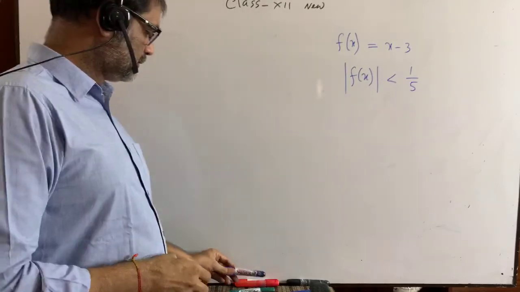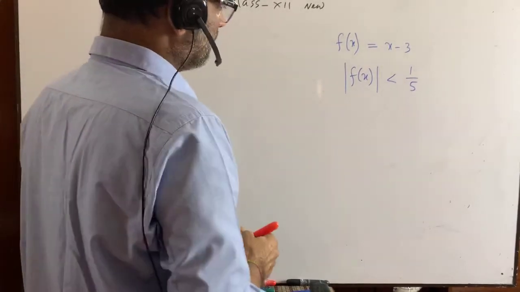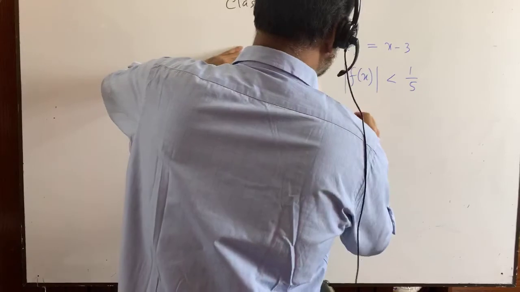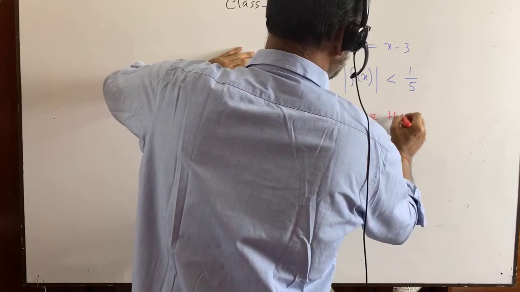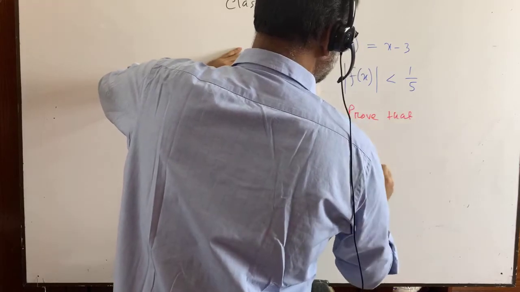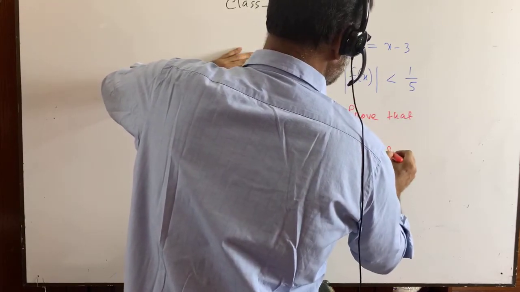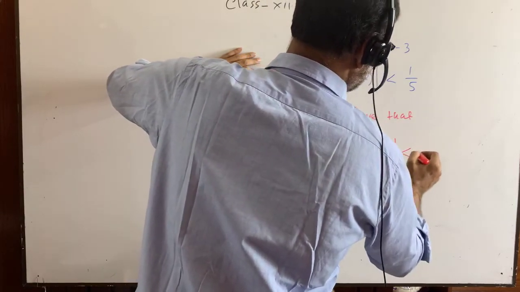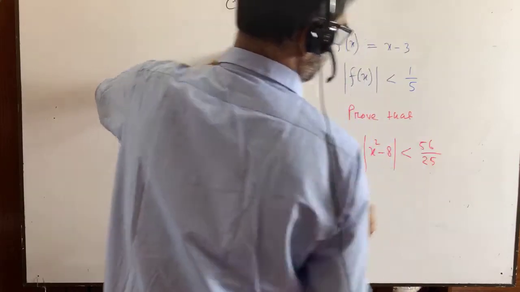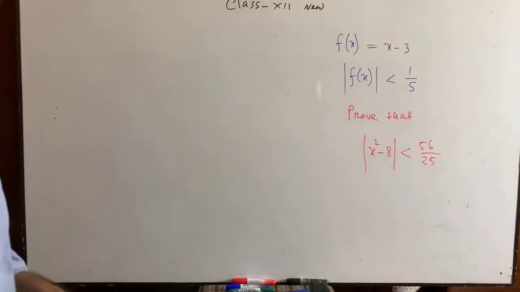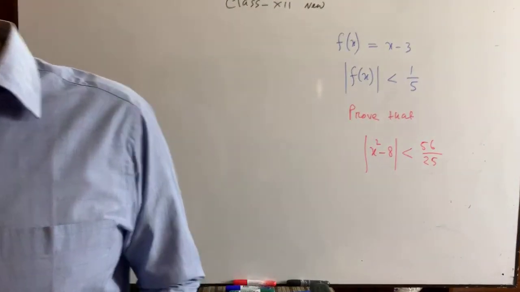Now you have to prove that x squared minus 8 is less than 56/25. Can you please do this? Is there anyone here to do this math?